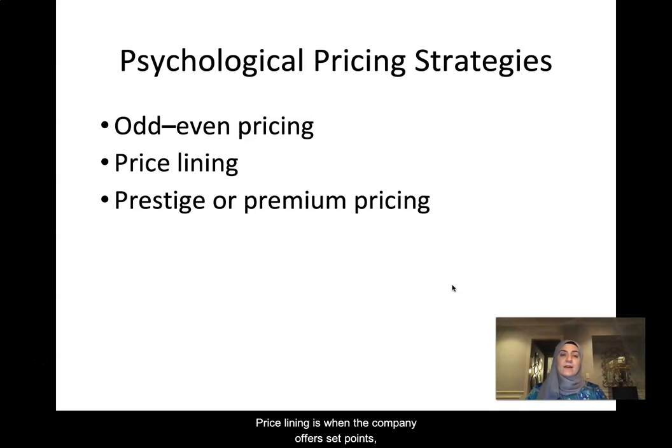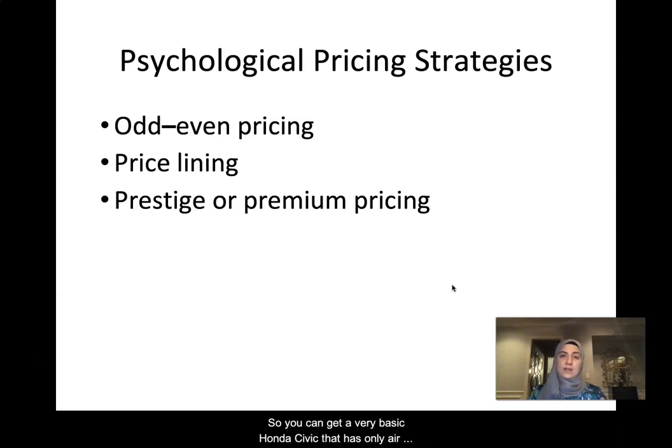Price lining is when the company offers set points, like a limited number of price points. So for example, car manufacturers do that a lot of the time. It would be very expensive to buy a fully customized car. Instead, you have different packages.